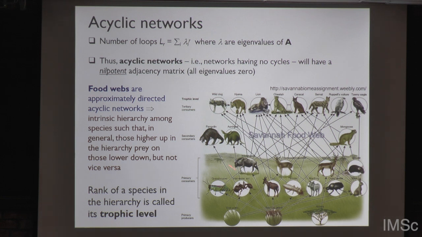And you find that it's extremely rare to actually find cycles in such networks. So one can take one's favorite food web and apply this condition to find out whether in fact it's truly acyclic or not.